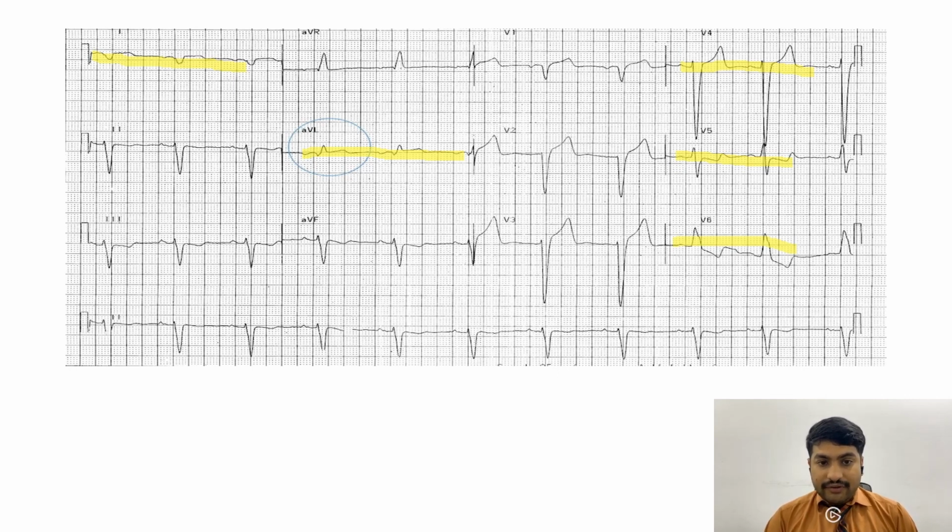If you look closely at this complex right here, the second complex, you will see that it is showing almost 1 small block elevation, which is significant, and it gives us 5 points, which is significant for STEMI. There are other points too that I'm going to discuss.